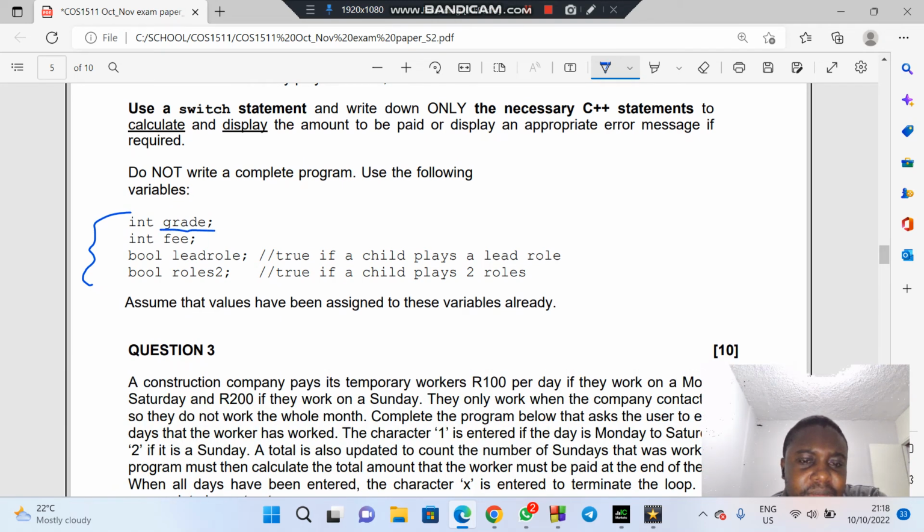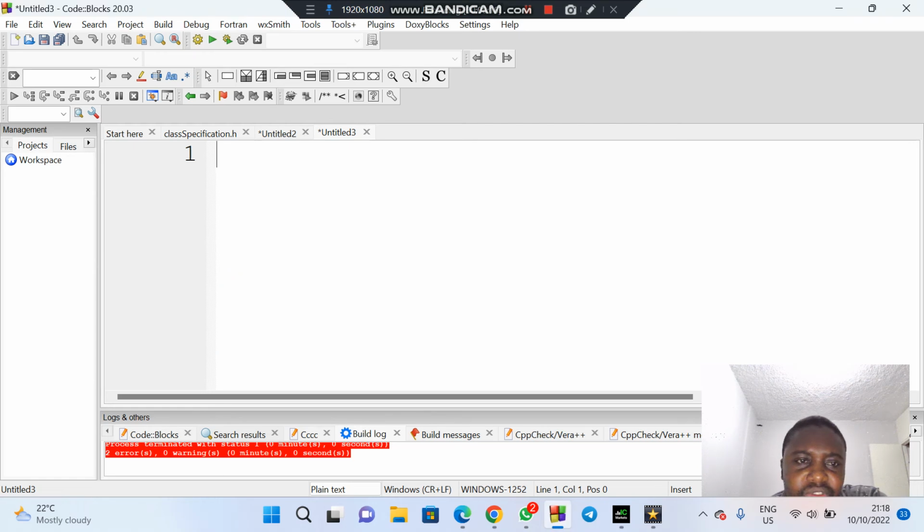The first important thing when you write your switch statement here, I'm just writing because I'm teaching you, but you can also write in Word. You must write your answers in Word, then you paste them there, or you just answer straight there, because it might be that your question paper will be based on the one I'm showing you here.